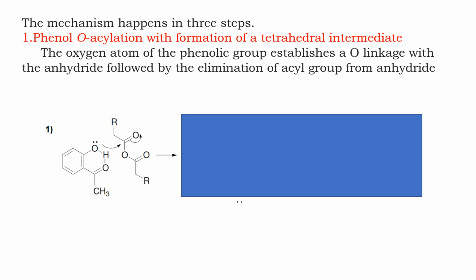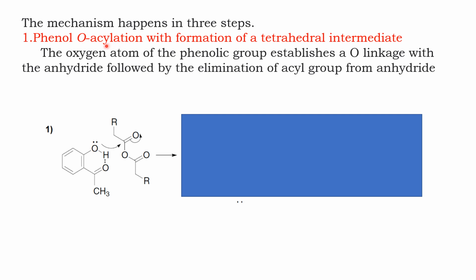Now moving to the mechanism, we could say the mechanism occurs in 3 steps. The first step is the formation of a tetrahedral intermediate by the acylation at the phenolic oxygen atom. So we are using an acetic anhydride or an aliphatic acid anhydride.